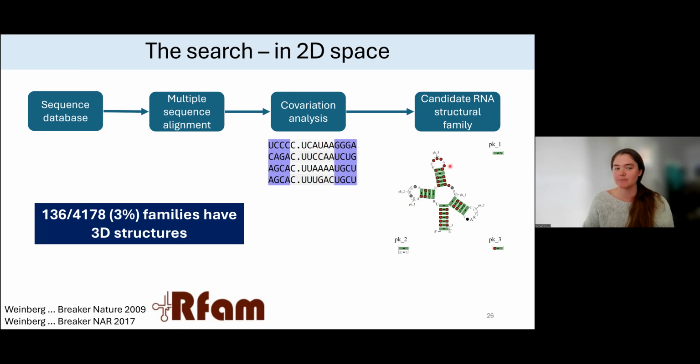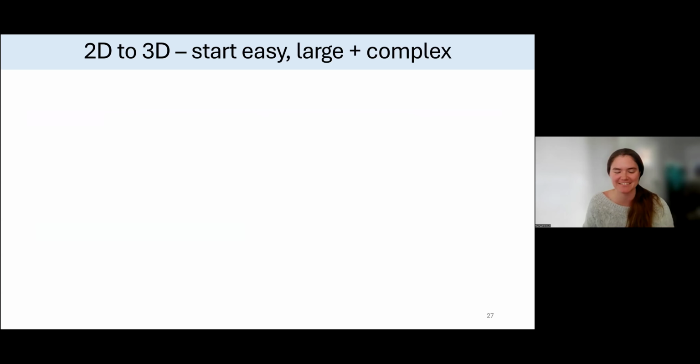They are extremely limited to 2D space because only roughly 3% of these families have 3D structures in our database. So there are tons of potential RNA structures here that we simply do not have 3D information on. We went ahead and tried to look for the 3D structures of these RNAs, and we start easy.